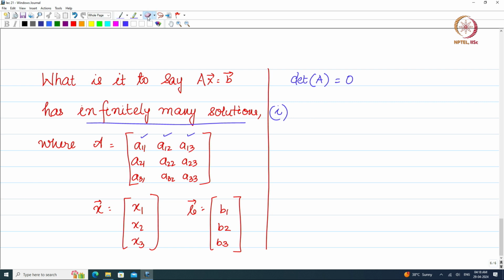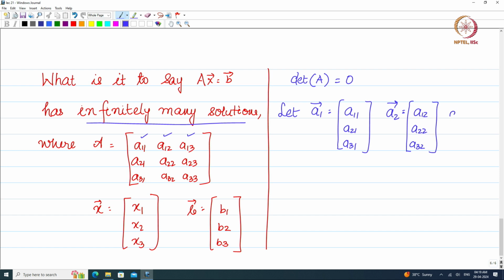Let the vector A1 be equal to (A11, A21, A31), the vector A2 be equal to (A12, A22, A32), and the vector A3 be equal to (A13, A23, A33). So we have this.